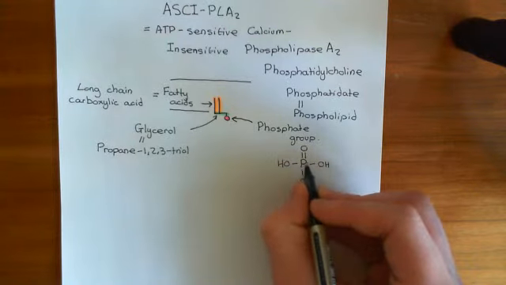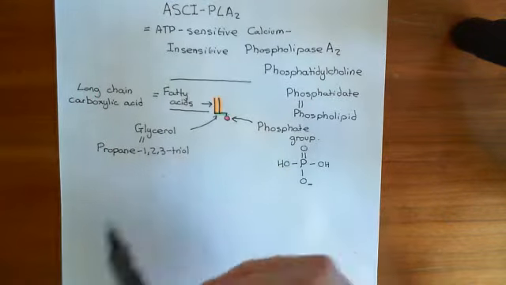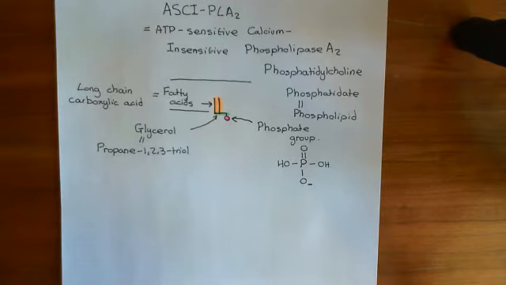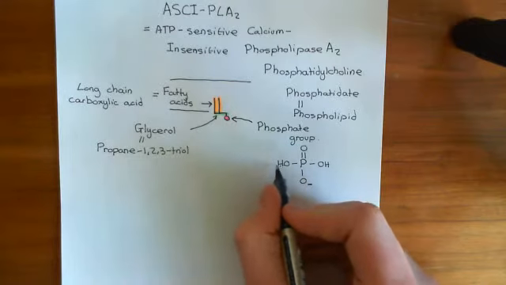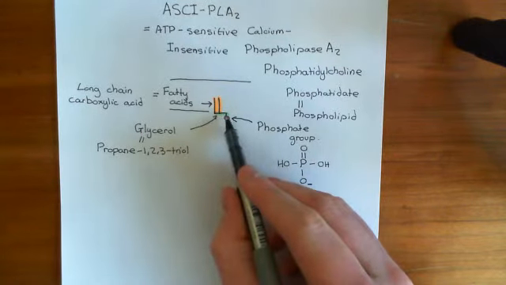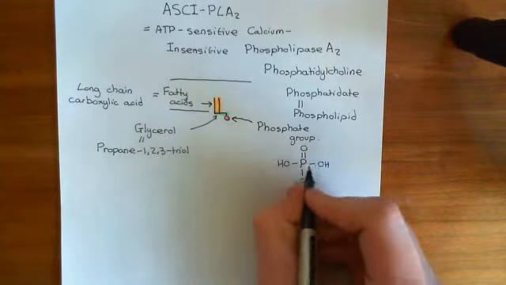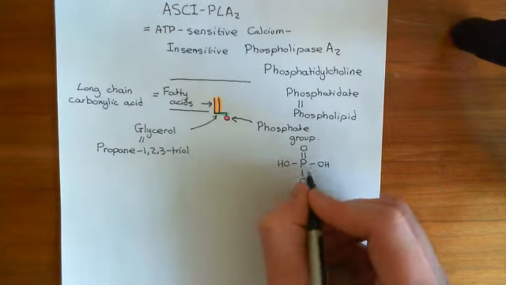But if we did replace this with a carbon and just looked at this portion here, that would be a carboxylic acid group. And effectively you can link this phosphate group to an alcohol group in exactly the same way as you can link a carboxylic acid group to an alcohol group. Now it's no longer called an ester link, instead it's called a phosphoester link. And what's incredible about this is even once this alcohol group is involved in a phosphoester link to the alcohol group of the glycerol molecule, you'll still have an alcohol group over here which will have effectively a carboxylic acid group, but with a phosphorus atom instead.